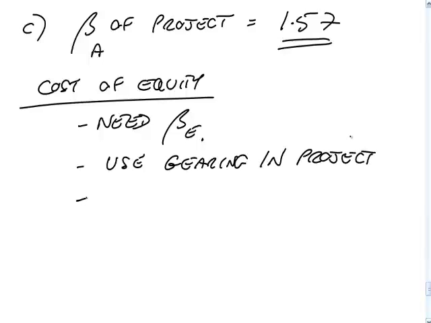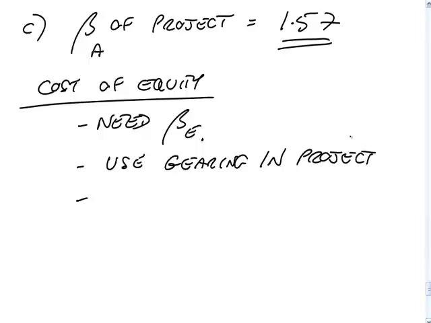But in part C, what's the gearing ratio for the project going to be? Part B, it was 50%, 50%. What is it for part C? 40 to 100. Yes, sorry. It says it's the same ratio as currently exists in X. Well, X has a gearing ratio debt to equity of 0.4.